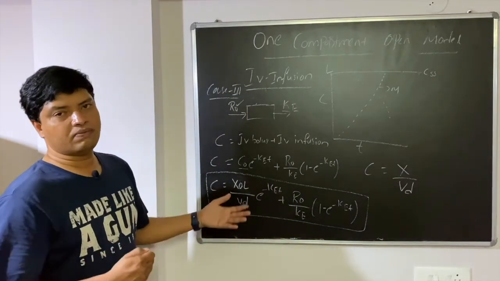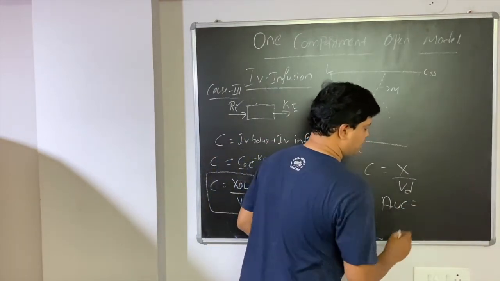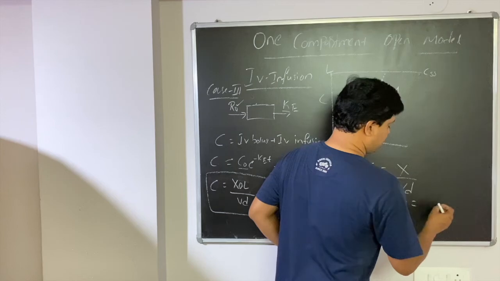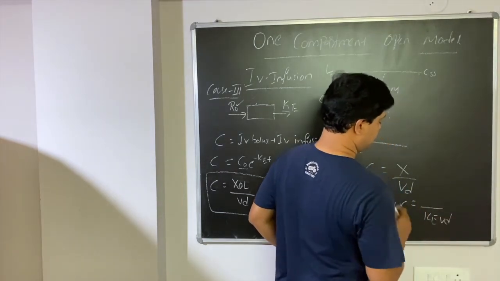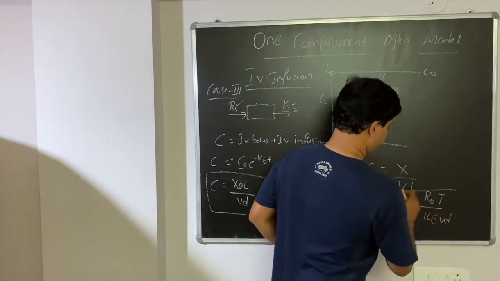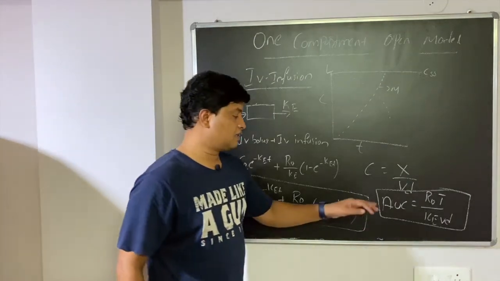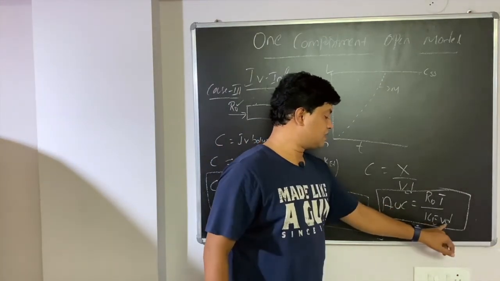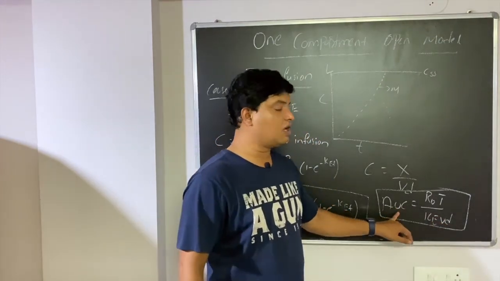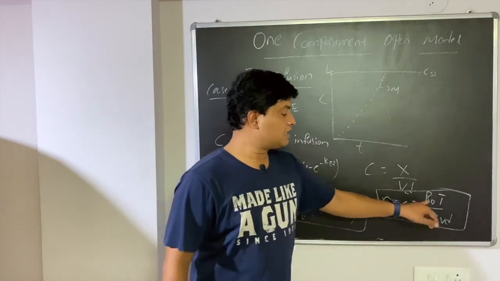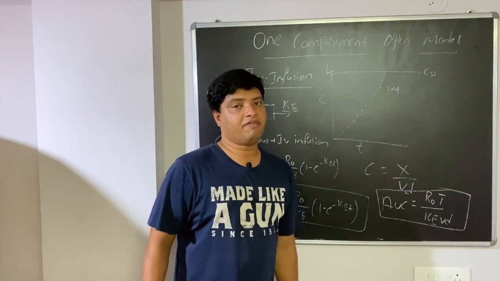We can estimate the volume of distribution through the equation AUC is equal to Ke Vd R naught T. From this equation you can estimate the volume of distribution of the drug, and Ke into Vd is clearance. Clearance also can be estimated when you know the area under the curve. R naught is the rate of infusion and capital T represents the time of infusion.